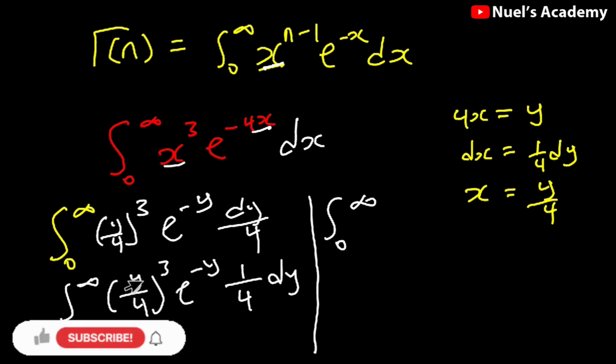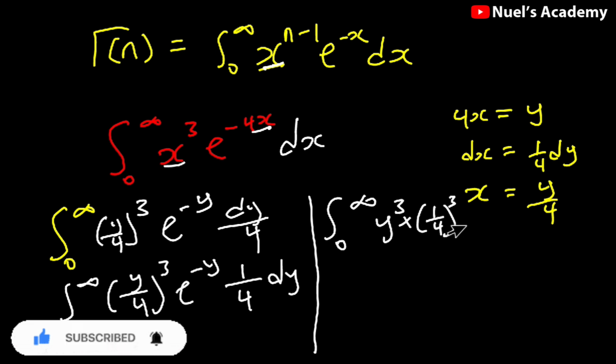Now this (y over 4) all to the power of 3 can be separated as y cubed multiplied by 1 over 4 cubed. Okay, so they are the same. Then we now have e to the power of negative y multiplied by 1 over 4 dy.